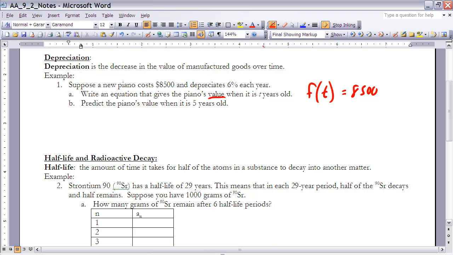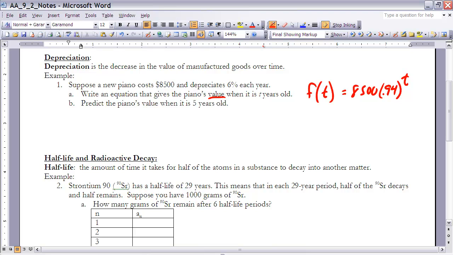Well, if it's depreciating at 6%, that means each year it's only holding 94% of its value. So my growth rate is 0.94, which is actually a decay, anything between 0 and 1. So that would be the value that I'm going to raise to the t power, and that represents the equation I'm looking for.